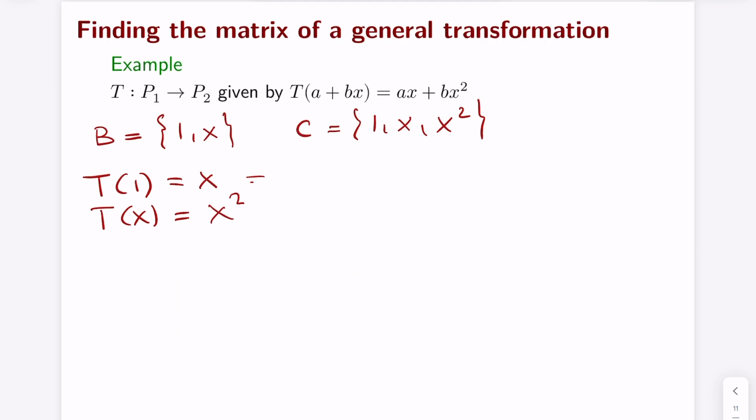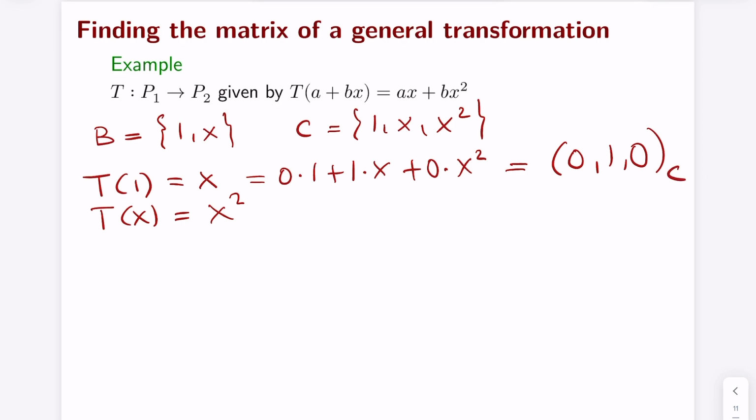Okay, so x we express in the base of the second space, which in this case will be 0 times 1 plus 1 times x plus 0 times x squared. So the coordinates of this transformation, I mean, when we go through the isomorphism, right, in terms of coordinates, this will be 0, 1, 0.